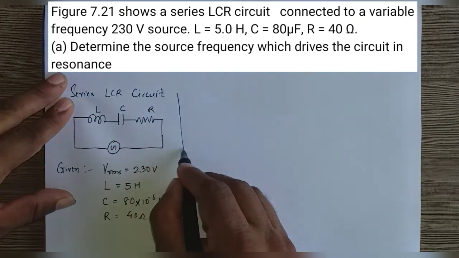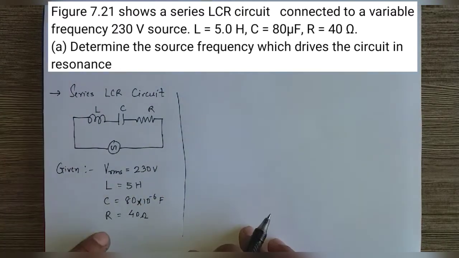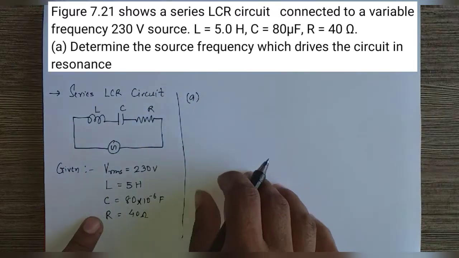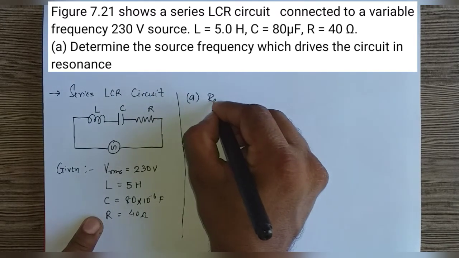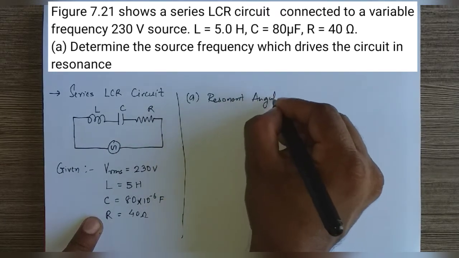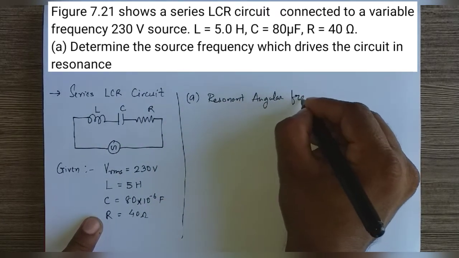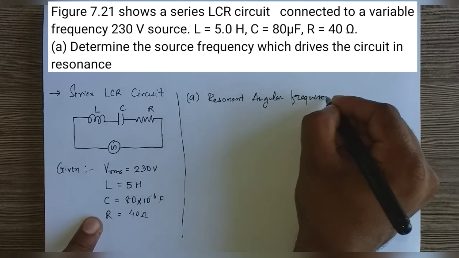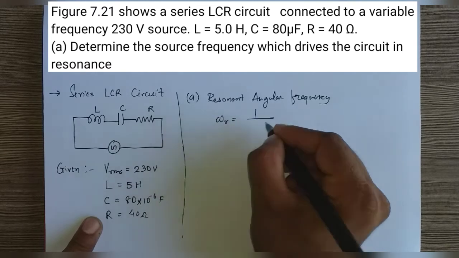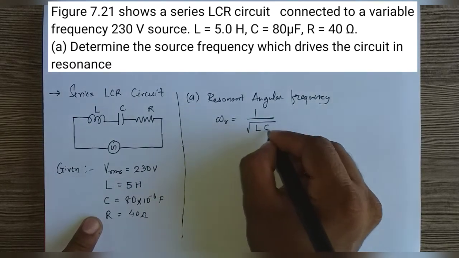Now in A we have to find the resonant angular frequency. The resonant angular frequency is omega R is equal to 1 by under root LC.